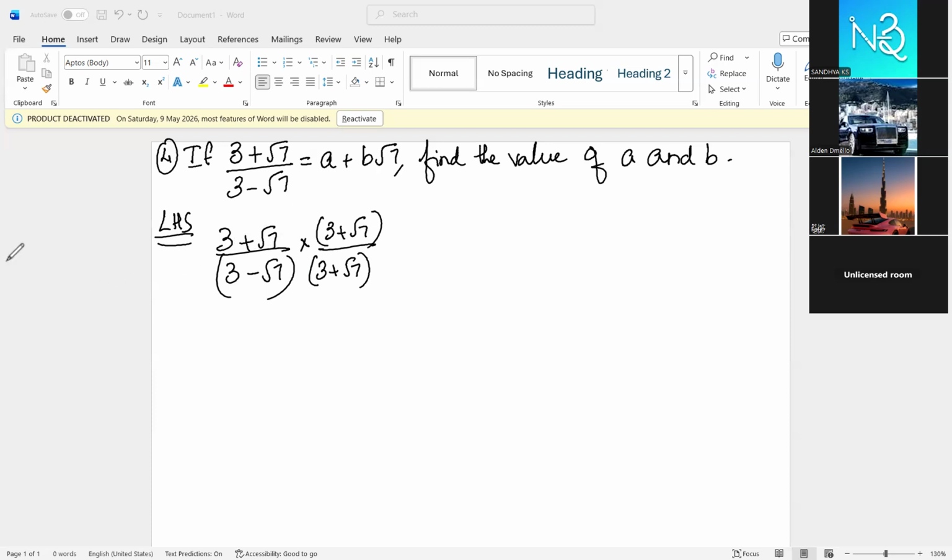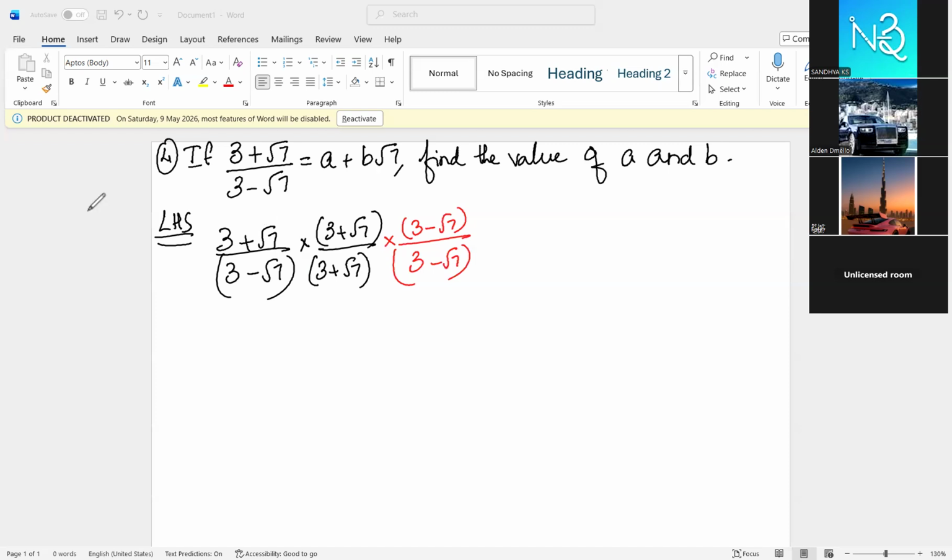Here I have 3 plus root 7 in the numerator. For the denominator, I wrote 3 minus root 7. So should I multiply numerator with 3 minus root 7 divided by 3 minus root 7, because I have 3 plus root 7 here? Should I do it or not? Yes, ma'am. You should not do.